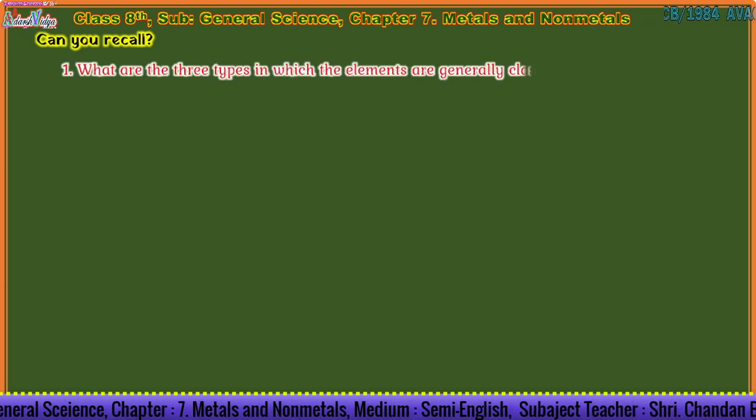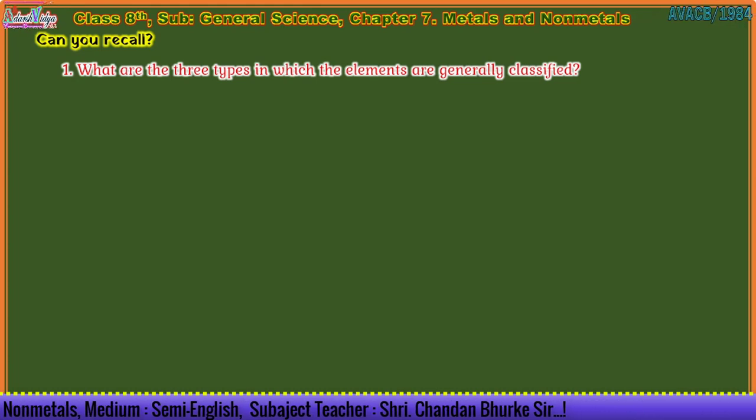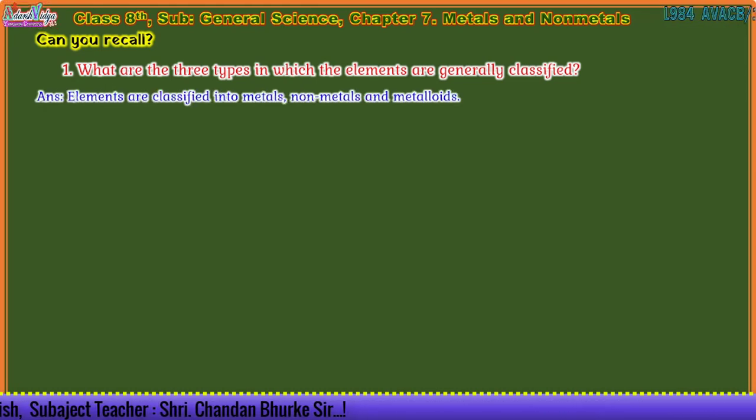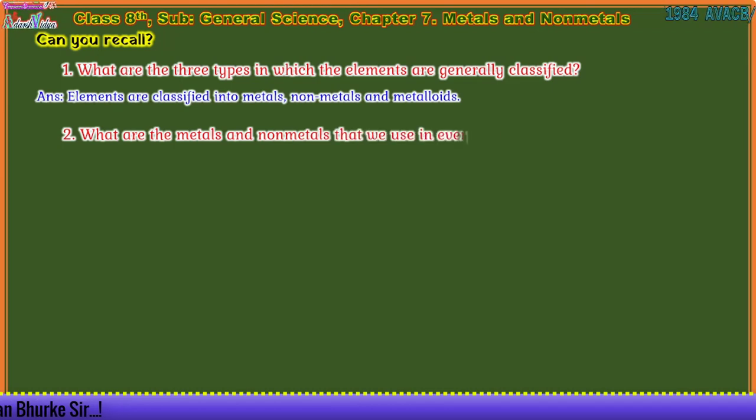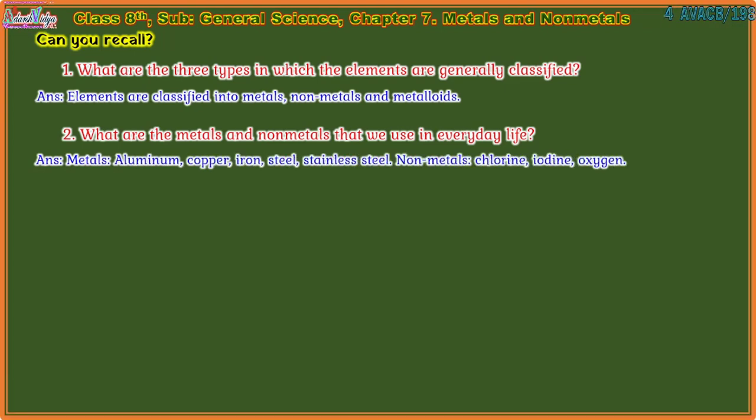What are the three types in which the elements are generally classified? Answer is: elements are classified into metals, nonmetals, and metalloids. Second question. What are the metals and nonmetals that we use in everyday life? Answer is: metals, aluminum, copper, iron, steel, stainless steel.